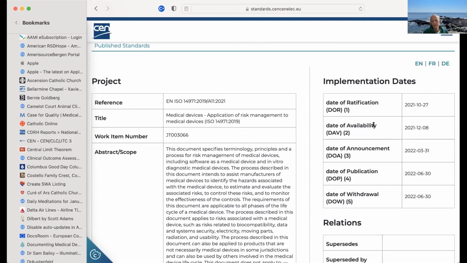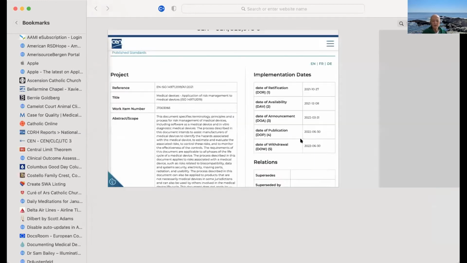So we should be able to purchase it soon from the standard suppliers. And the English versions are going to be easy to do. It's when you have the other national languages that have to have translations that it's going to take a little longer, and that's why they put the date of publication and all that far enough out to allow for the translations.